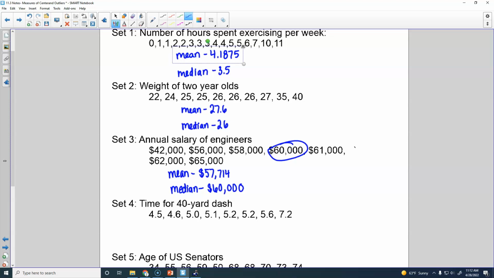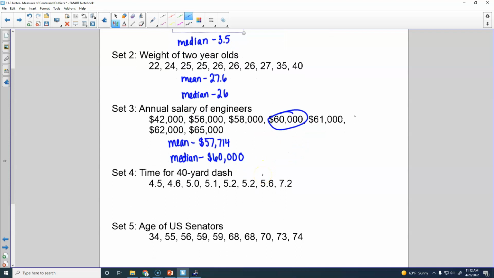I know we weren't all working all these out. All right, row 4, mean, 5.3. That's what I've got. And median, 5.15. Perfect.